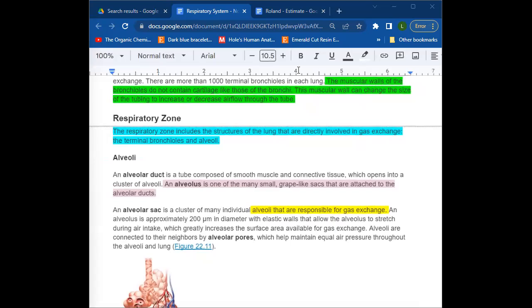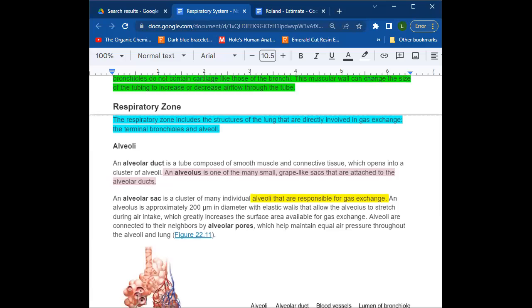And that's it for the conduction zone. So the conduction zone stops at the bronchioles. Okay, now at the end of the bronchioles, there's the alveoli.